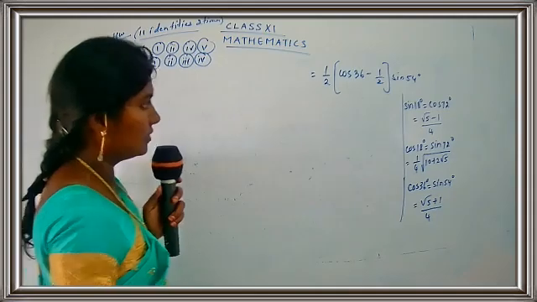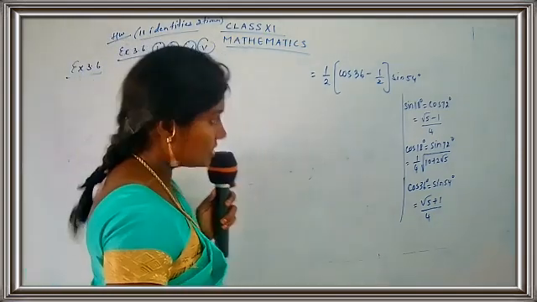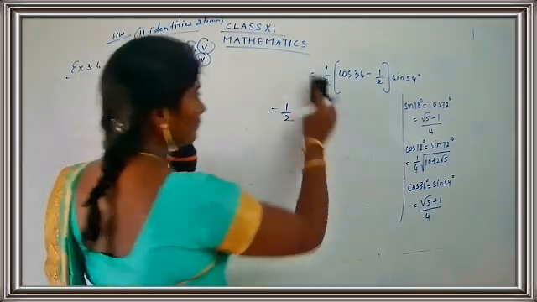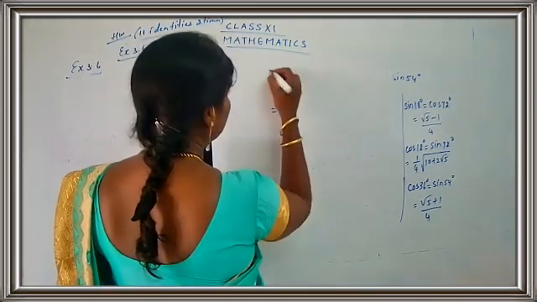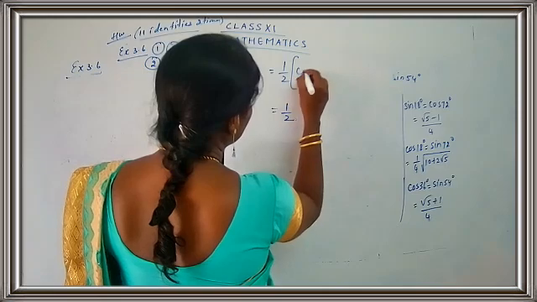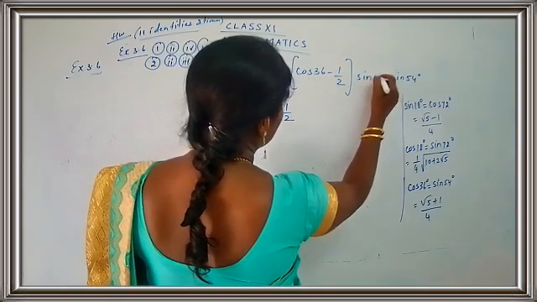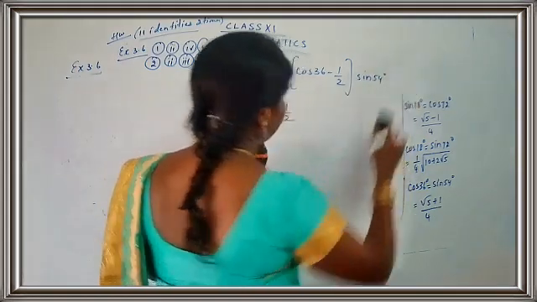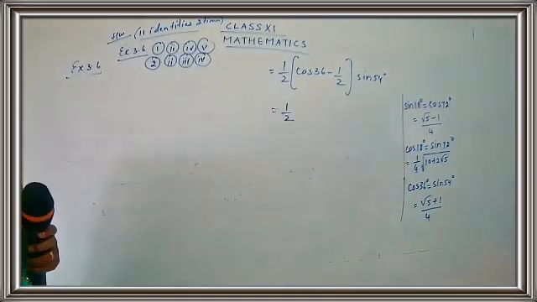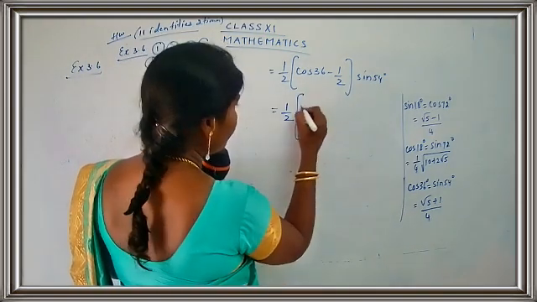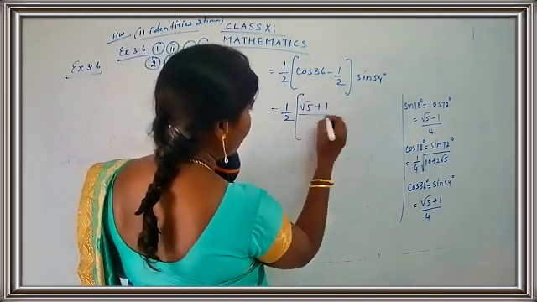Let's substitute the values. Let's write down here. So this is equal to half of, so what is the value for cos 36? It's root 5 plus 1 by 4. Okay, so put here root 5 plus 1 upon 4.